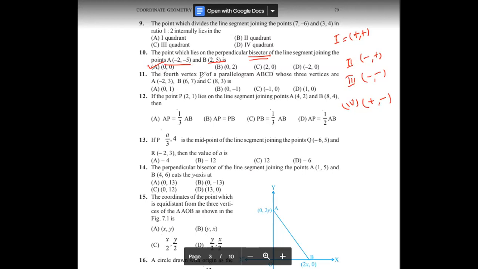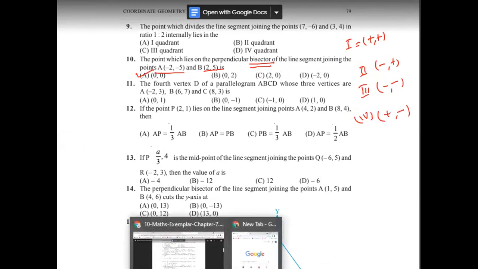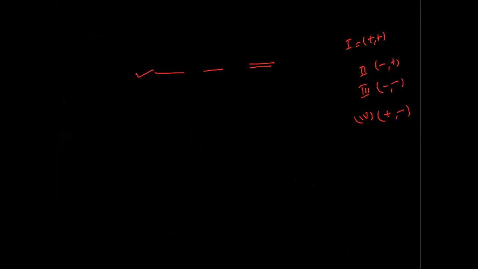Okay, so here we have the question, the fourth vertex of parallelogram ABCD, whose vertices are this and this. Okay, so let me draw this one. So here we have the vertices of a parallelogram, and here we have the parallelogram.